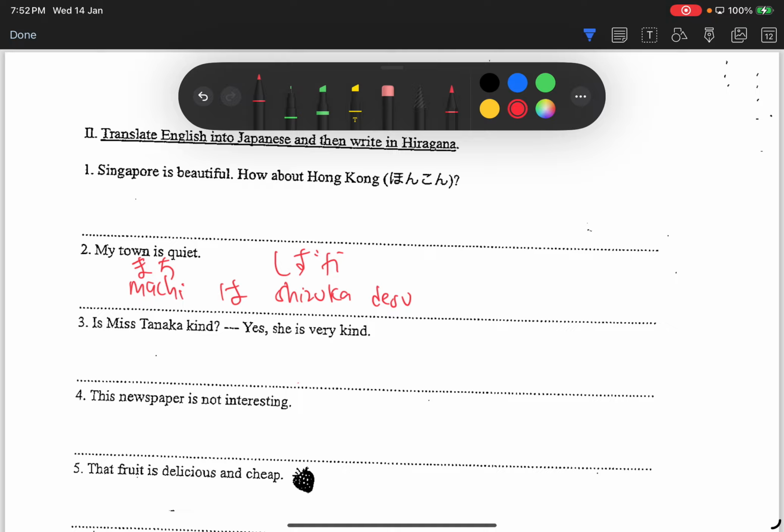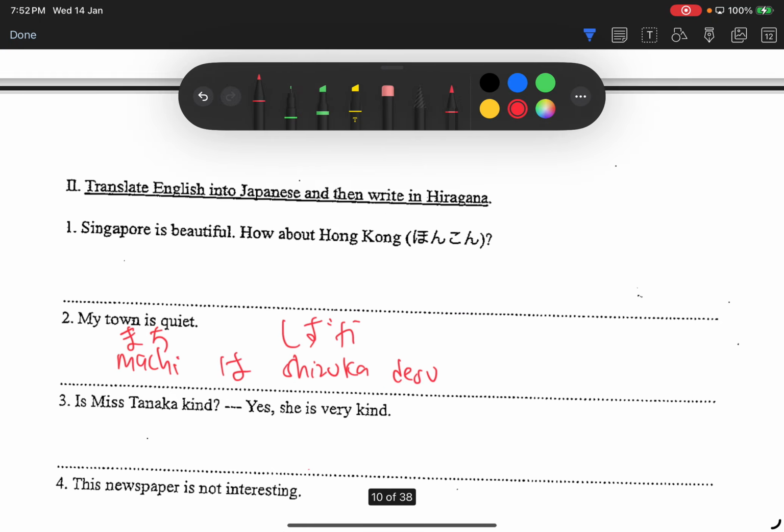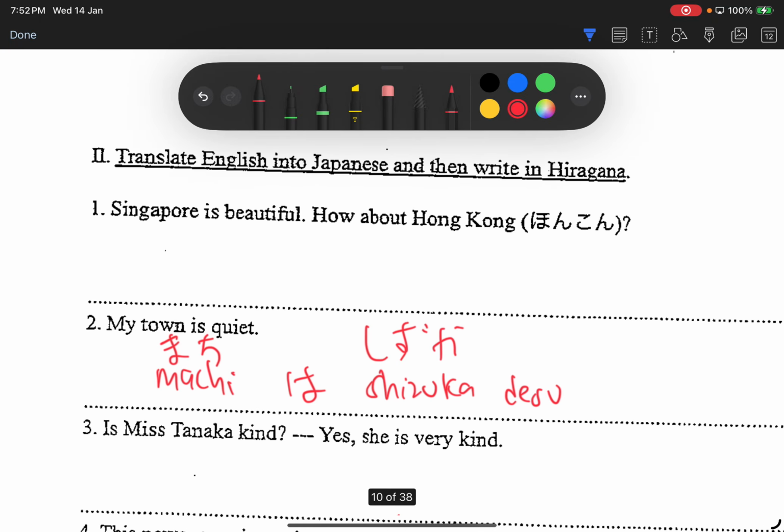Okay, yes, Jin-kun, you okay for number 1? シンガポールは綺麗です。香港はどうですか? Oh, very good. Right? So Singapore, you write in what? Katakana, right? Can also lah. Hiragana for practice only, but supposed to be written in katakana. Country name is katakana. Right?